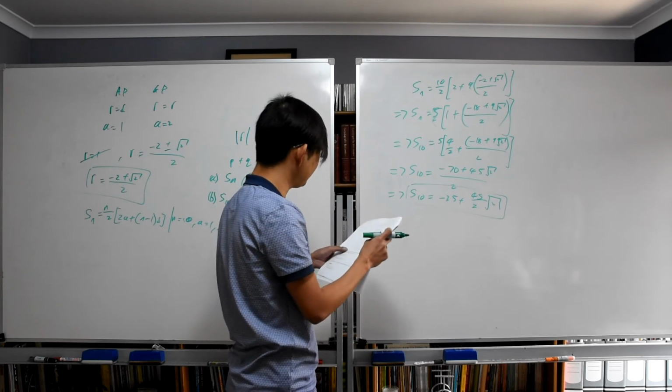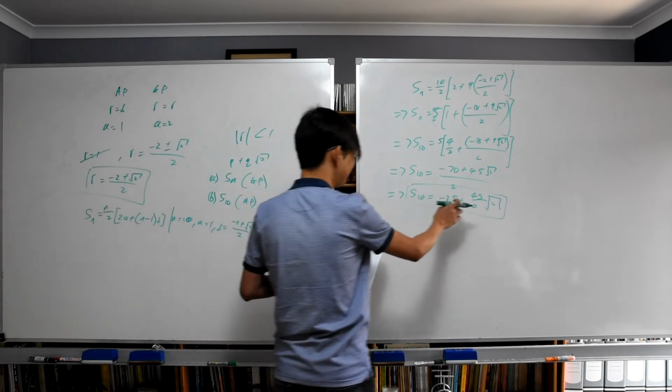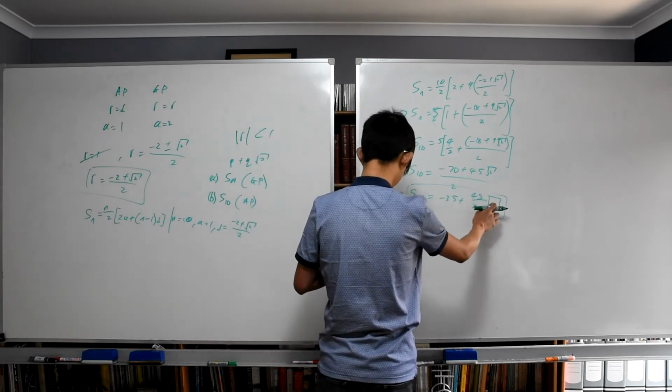Our sum to 10 terms is given by minus 35 plus 45 on 2 root 2.